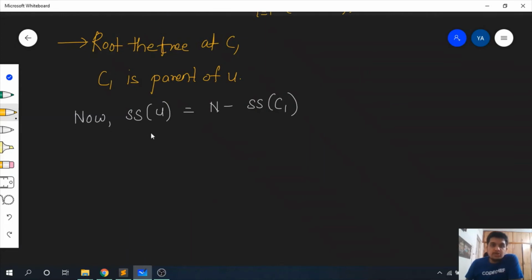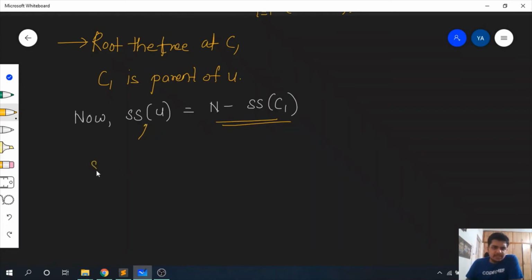Now the new subtree size of the uth node, which was the root earlier, as you recall, is n minus the old subtree size of c1. So when c1 was not the root, this is the new subtree size of the node u.